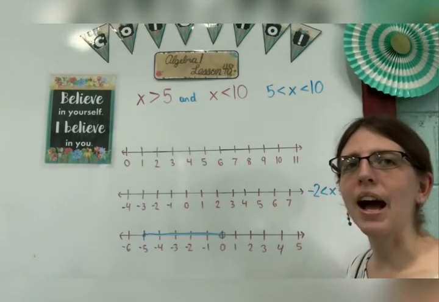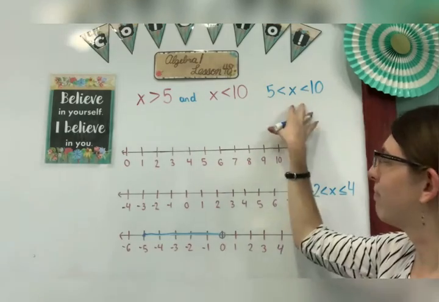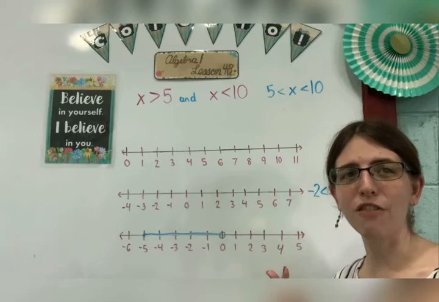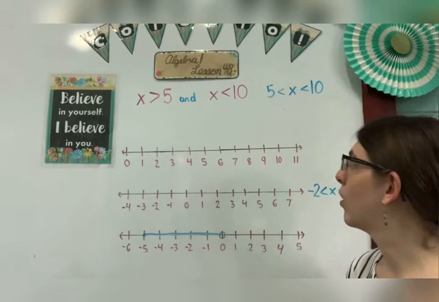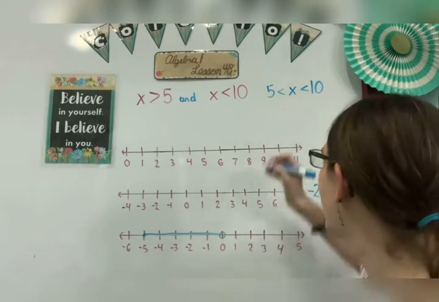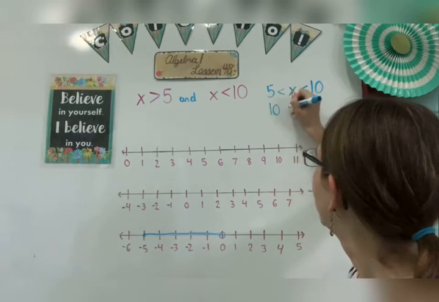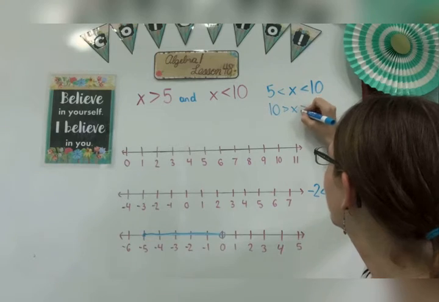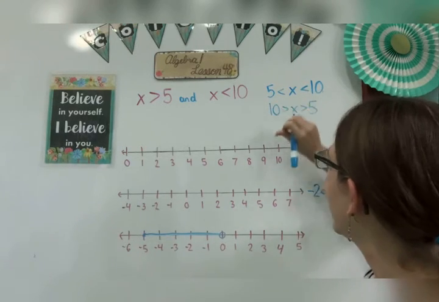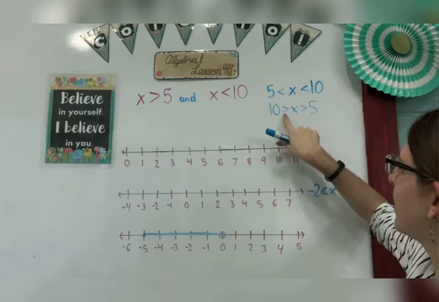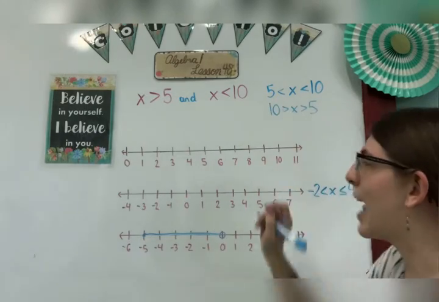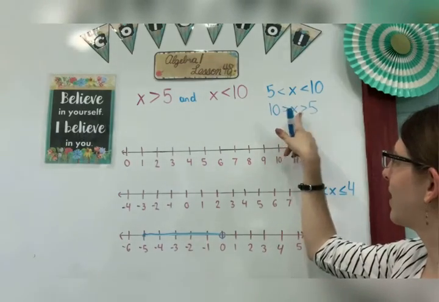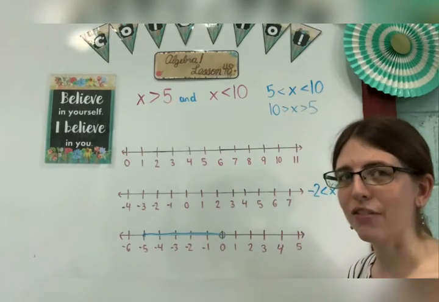Notice that my arrows, my inequality signs, face the same direction. We also have to be careful because we can reverse it in that we write the 10 first. But we have to make sure that our arrows still face the same direction and that they say the right thing. So if I wrote the 10 first, I still have to have the open end towards the 10 because the 10 is what's bigger, and here the open end towards the x because the x is what's bigger than 5.